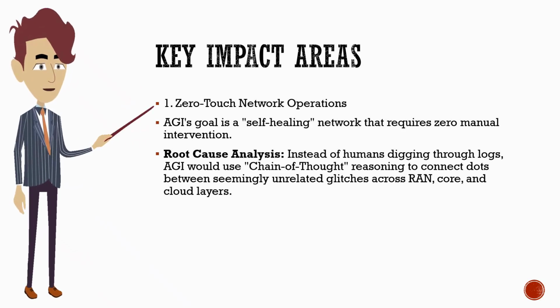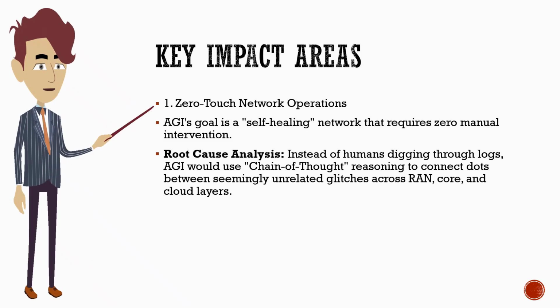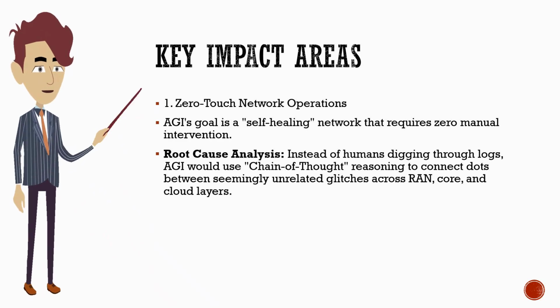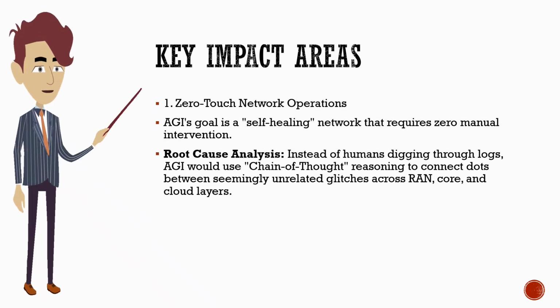If a mobile network is not working properly, or the data connection is not proper, it might look very unrelated, but it might be that the issue in the cable network has caused the issue in the wireless network also. So this kind of AGI will try to understand what other issues are being seen, and accordingly debug the issue and solve it.